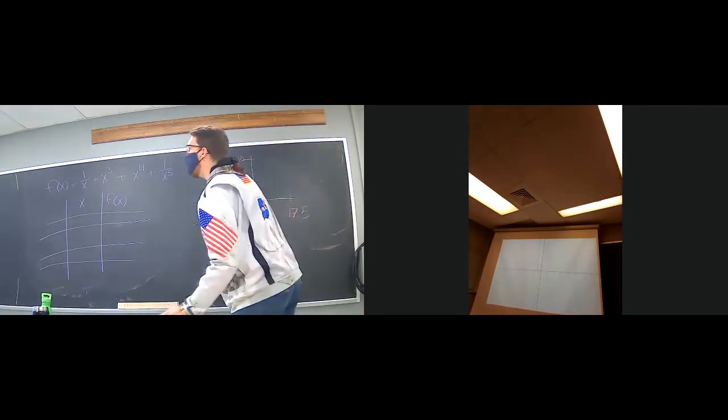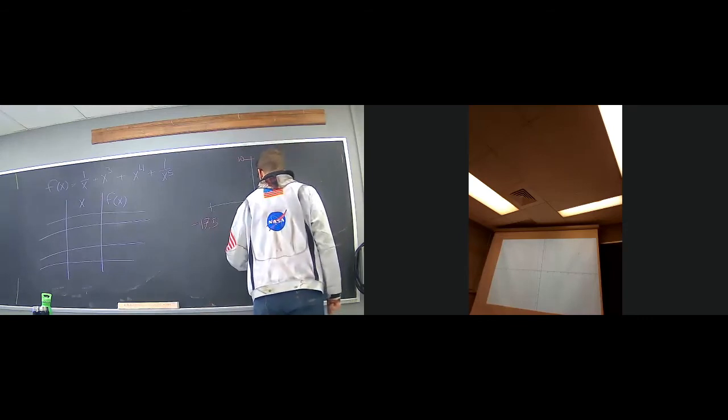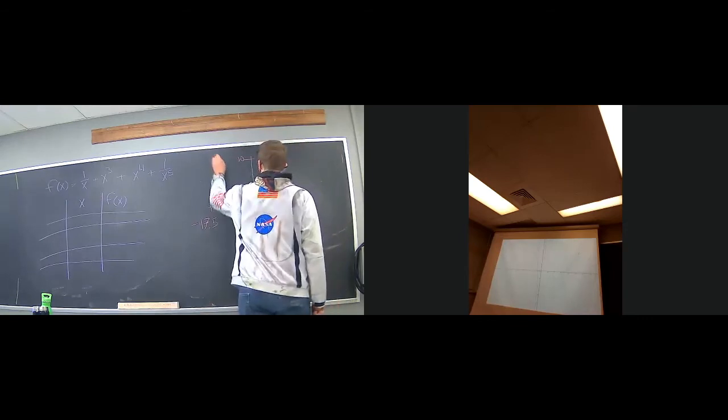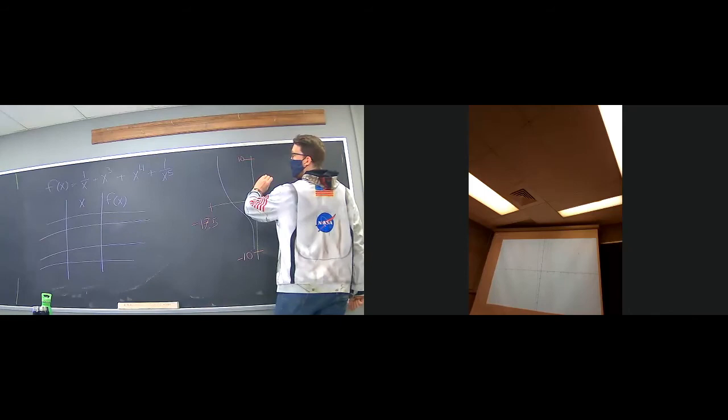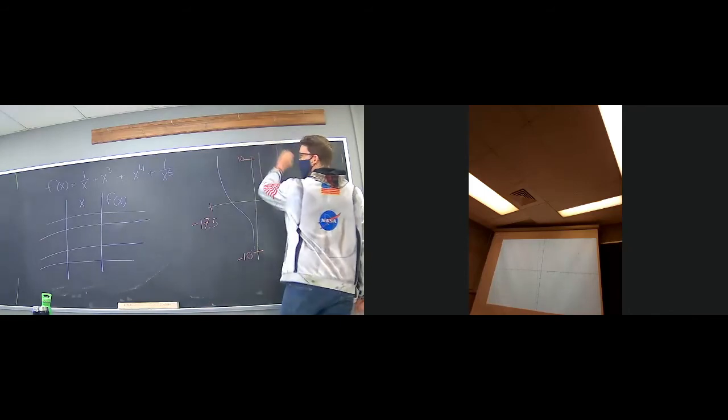For those of y'all at home who can't see this very well, it looks something like this. Now, to graph this, you're going to need a whole bunch of different point values, right?